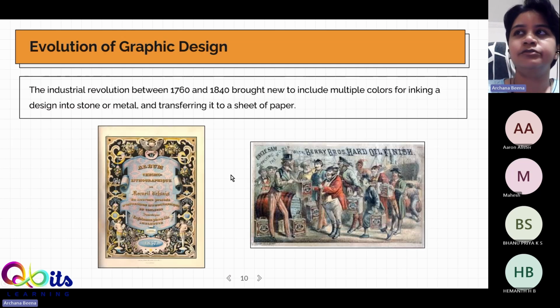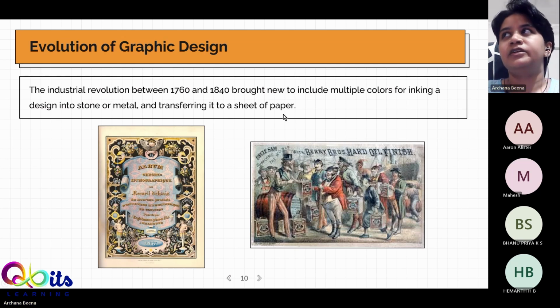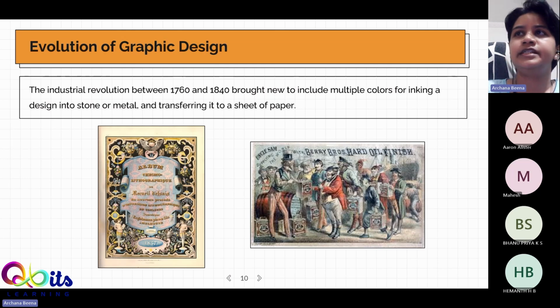After handwritten font, what came about was the printing press. So that came with the Industrial Revolution. So not only was there printing in black, like we saw in the handwritten form, but they also started incorporating colors.